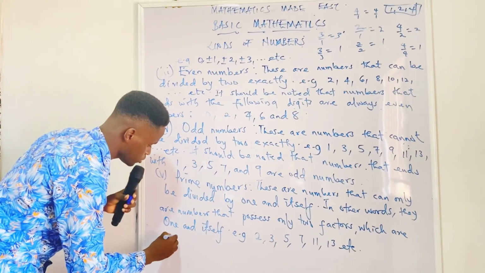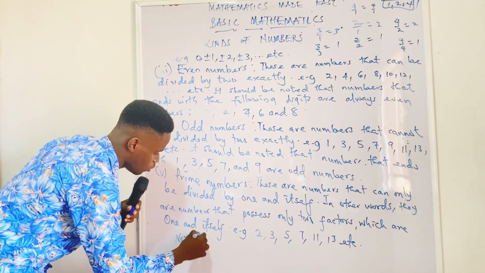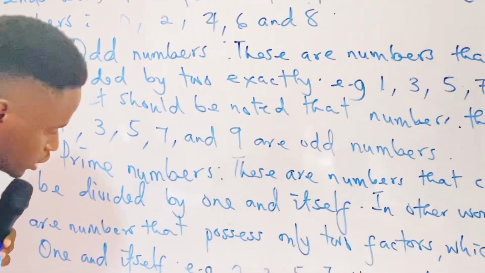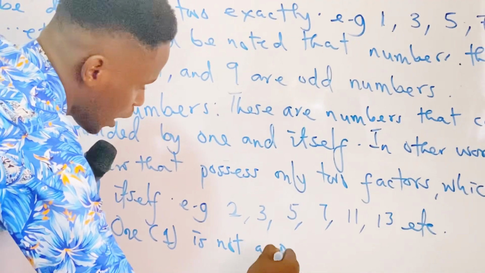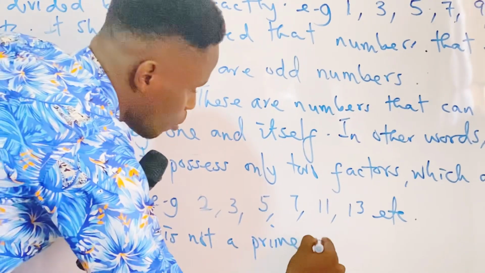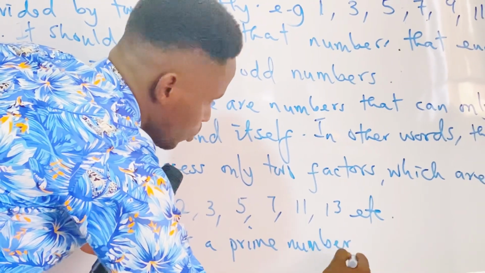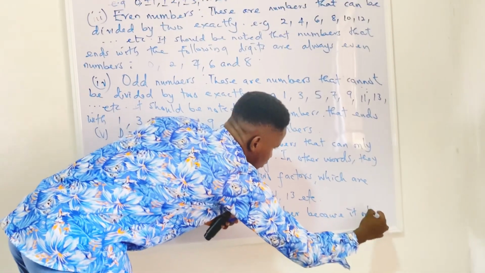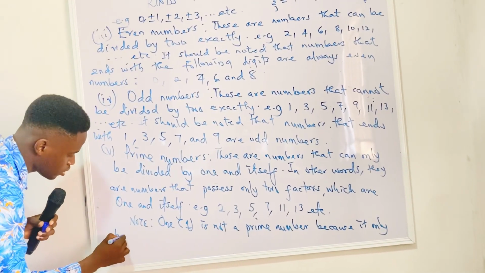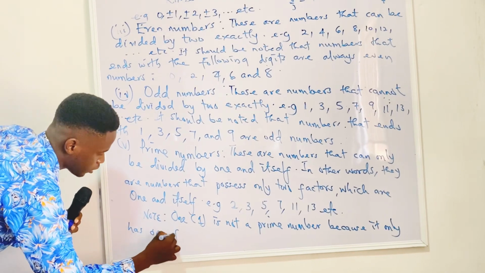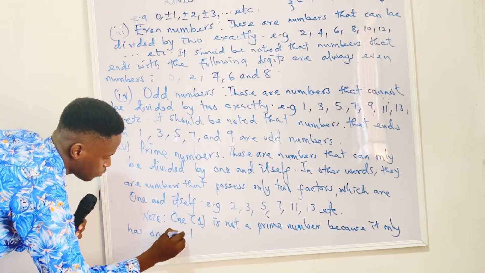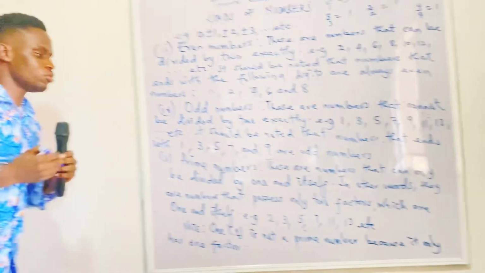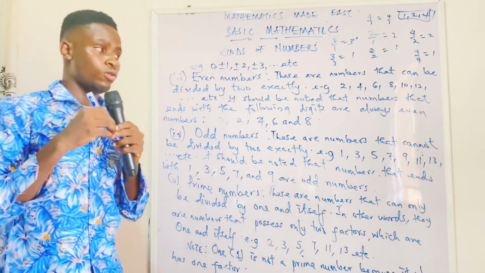So take note: 1 is not a prime number because it only has 1 factor.